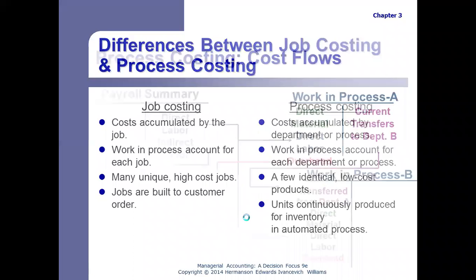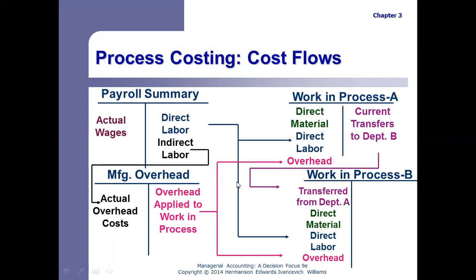Okay, again, we've seen this cost flow before, but a little bit different. So we have the three costs: direct material, direct labor, and then overhead, that go into work in process, just like for job costing, except in this case, we have different departments, so we have a work in process account for each department.